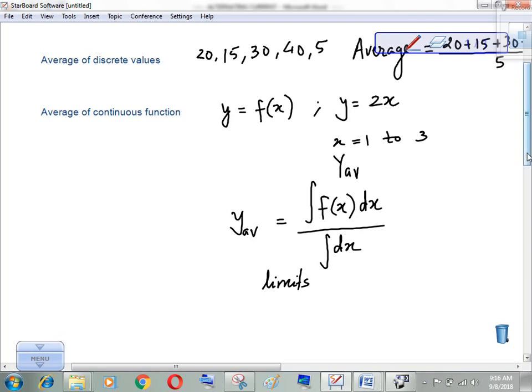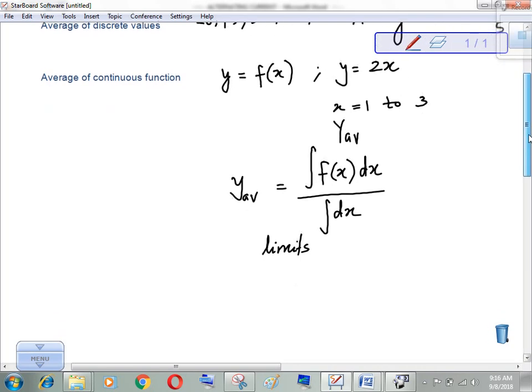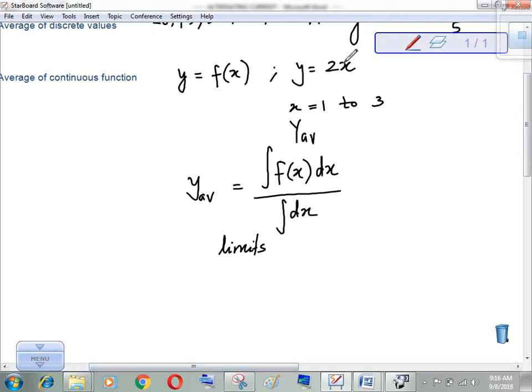For example, I take the function y equal to 2x, y depends on x. I want to find average value of y for x 1 to 3. That means in range x 1 to 3, I want to find average value of y.